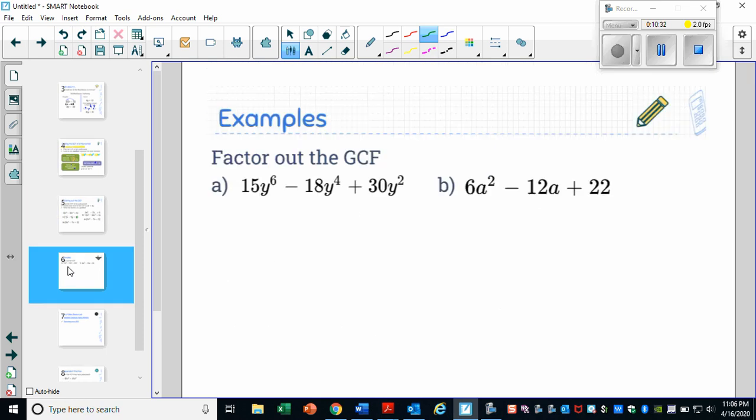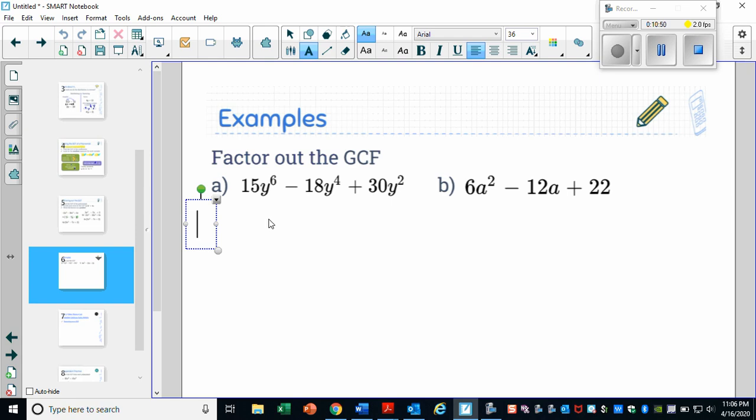These two problems, I want you to try on your own. Your first question is, in this case, what is your GCF? If you want, in Desmos, type in the following: GCF of 15, 18, 30.